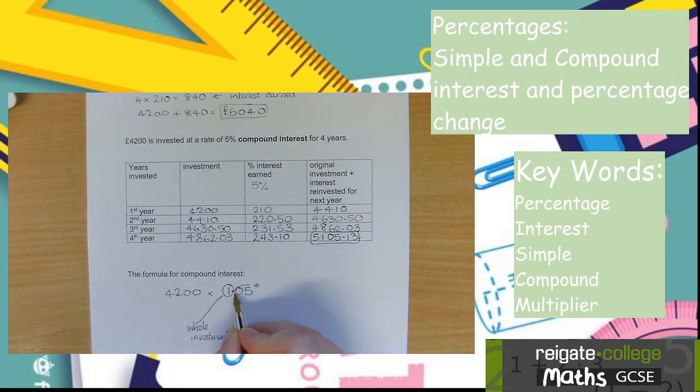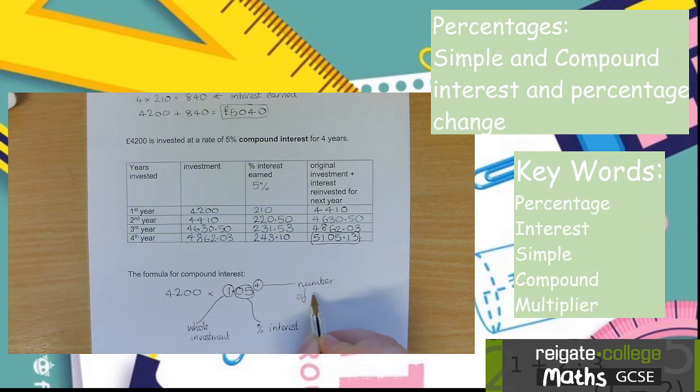My 0.05 represents my percentage interest. And my power 4 represents the number of years my money is invested.